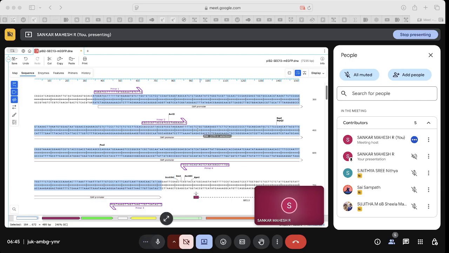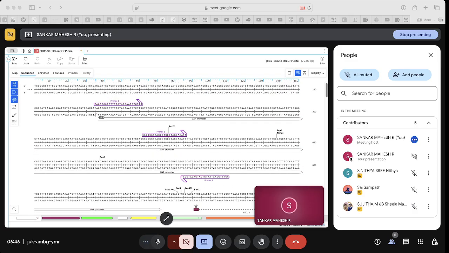People generally use these intermediate primers in a different way. For example, instead of having this primer from within, they use it in a different setting. A primer like this will be designed here, and you will create something called an overlapping region.